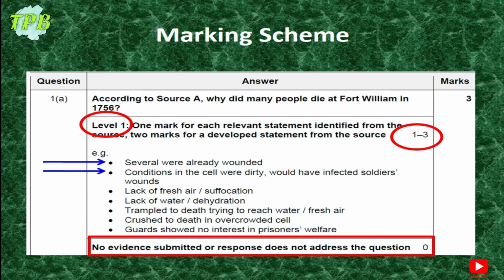The conditions in the cell were dirty and it would have infected the soldiers' wounds. Lack of fresh air would have resulted in suffocation. Lack of water resulted in dehydration. Trampled to death trying to reach water, and they were reaching for fresh air. They were crushed to death in the overcrowded cell, and the guards showed no interest in the prisoners' welfare.